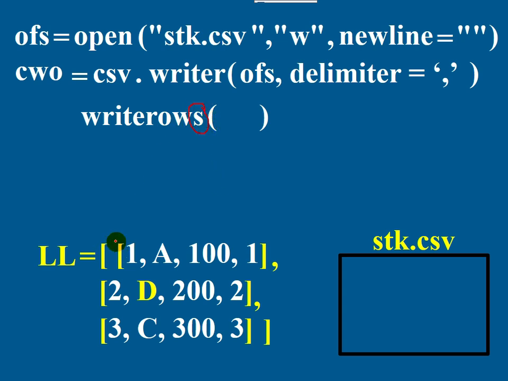So please understand, if you want to write a nested list in one go or in one pass, use the function writerows. Here the nested list should be passed as an argument. And writerows is a function of the CSV writer object. So it should be called as cwo.writerows.